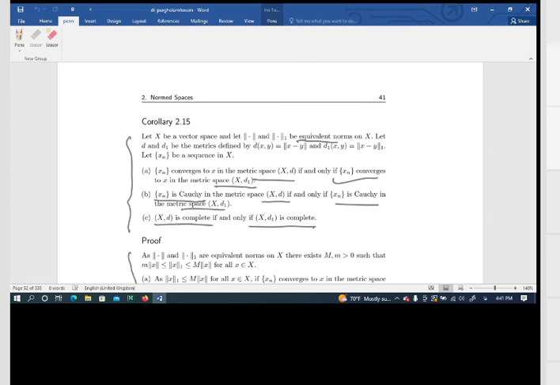Then for any sequence xn in X, xn converges to x in the metric space X and d if and only if this sequence converges to x in the metric space X and d1.